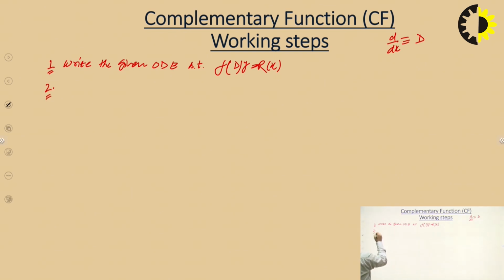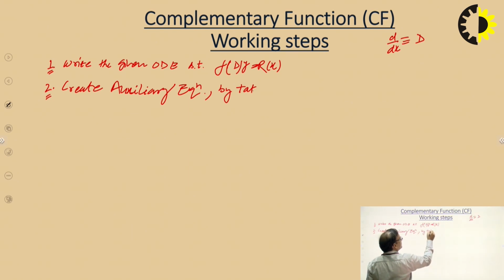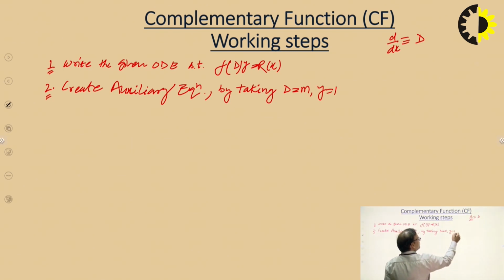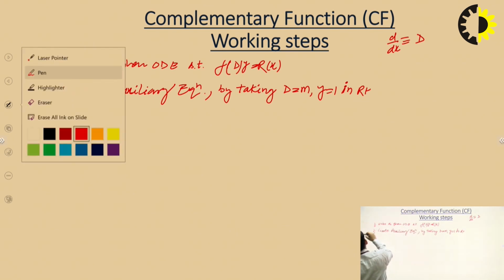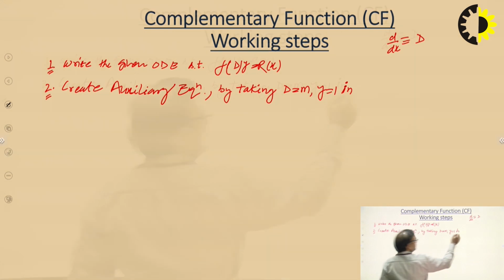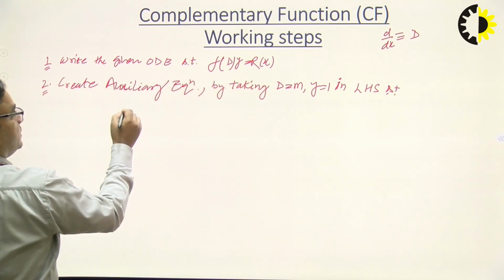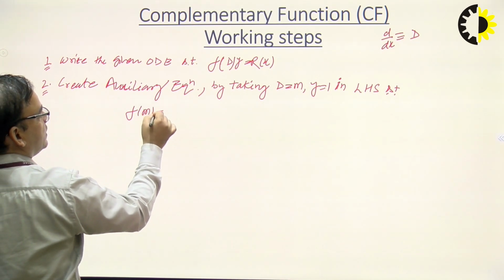Then second, create the auxiliary equation by taking D is equal to m and y is equal to 1 in the LHS, especially in the LHS, such that f(m) is equal to 0.